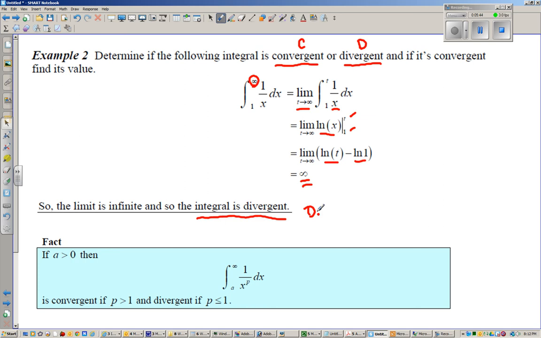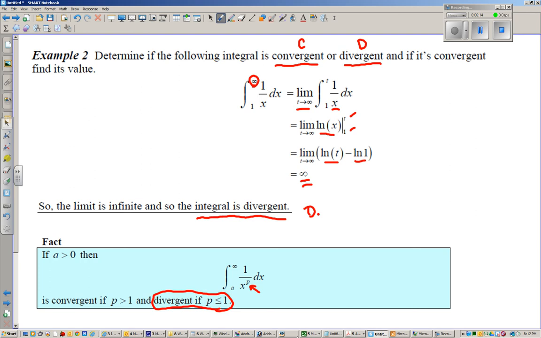I can't help myself but point out at this point that whenever we have an integral of this form, 1 over x to a power, that p-value, when it is less than or equal to 1, as in the case we just did where it was exactly 1, this kind of integral will always be divergent.